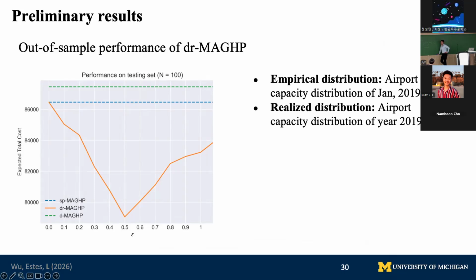Yeah, I think so. DRO is a pretty active topic right now within the operations research community. I think some people have tried to look at this characterization of epsilon and the objective function value, but we couldn't find anything directly helpful for this one.